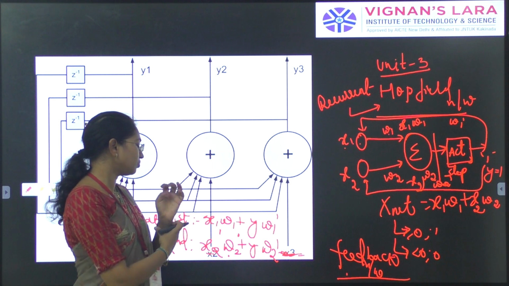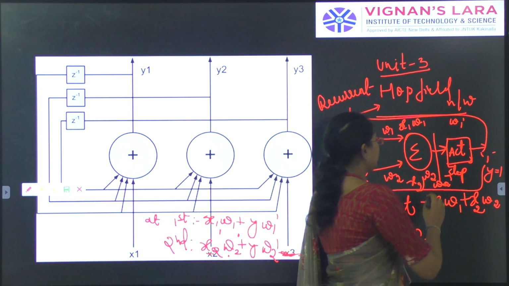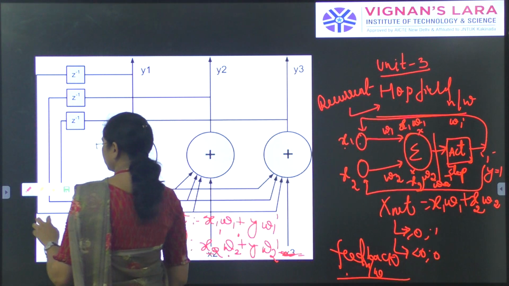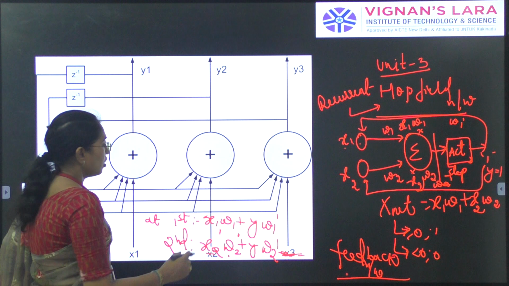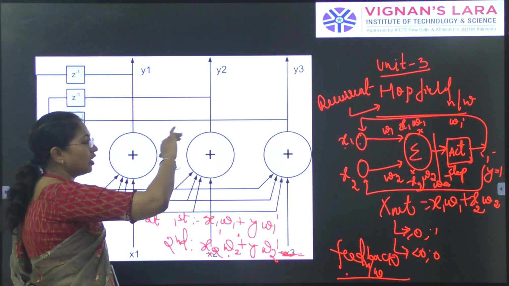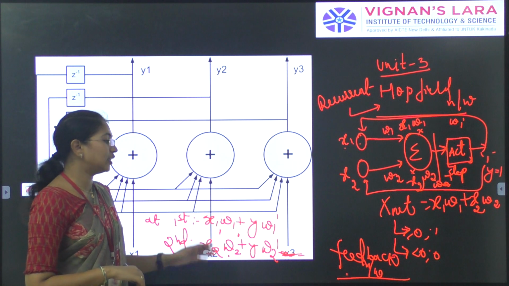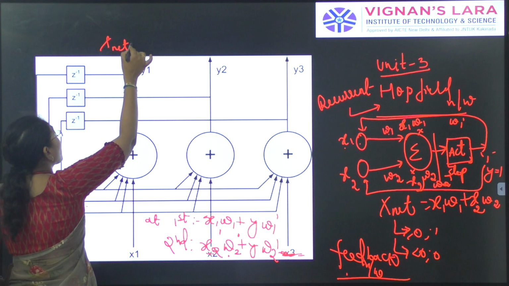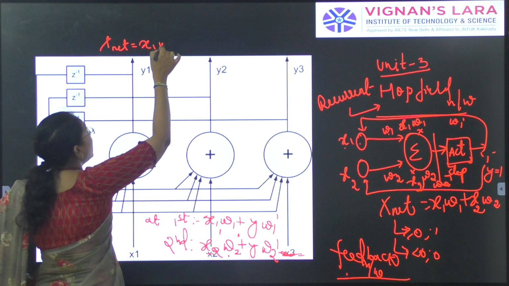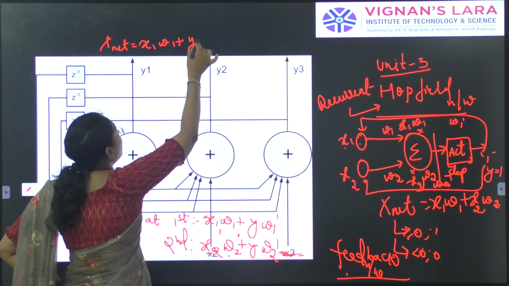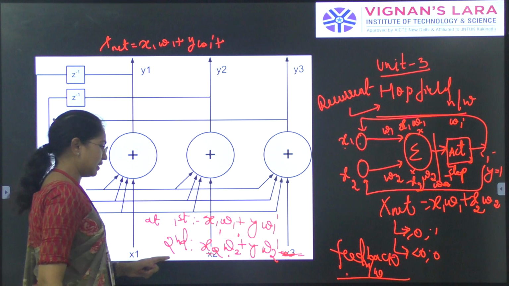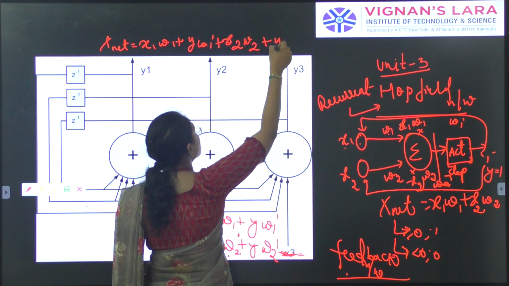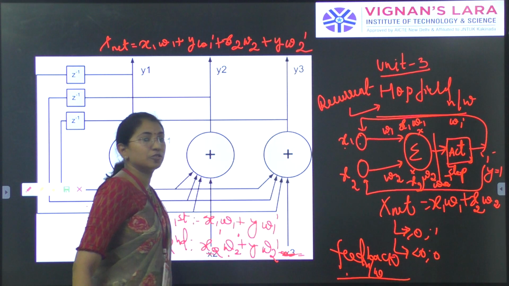Now these are the two inputs of the summation block, and we need to add them at the summation block. So what is x net now? The first input x1 w1 plus y w1 dash, plus the second input x2 w2 plus y into w2 dash.